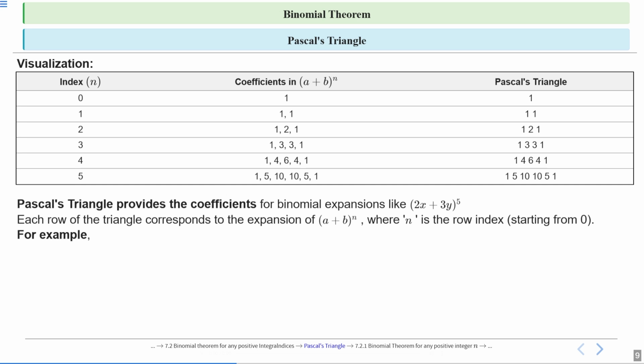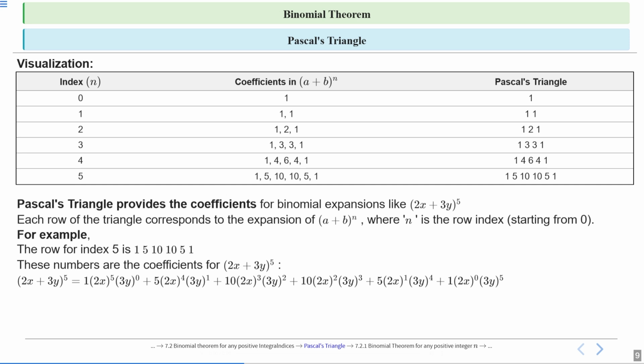This row will give us the coefficients needed for expanding (a plus b) to the power 5. The row for index 5 in Pascal's triangle is 1, 5, 10, 10, 5, 1. These numbers are the coefficients for (2x plus 3y) to the power 5.